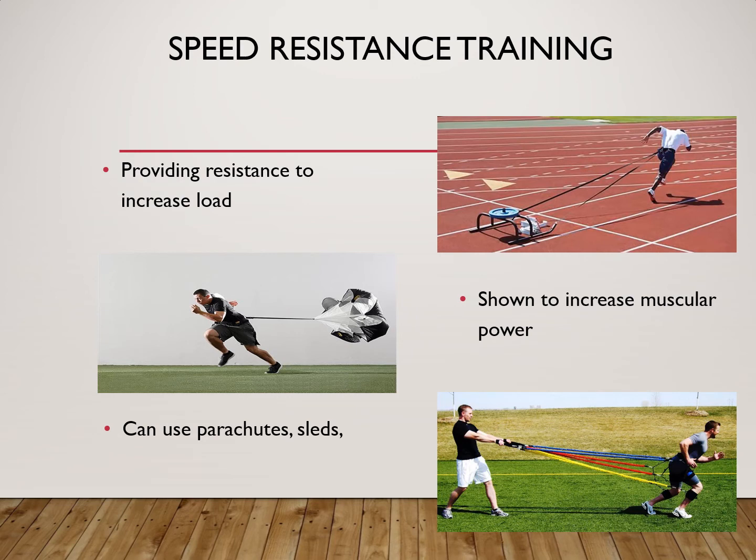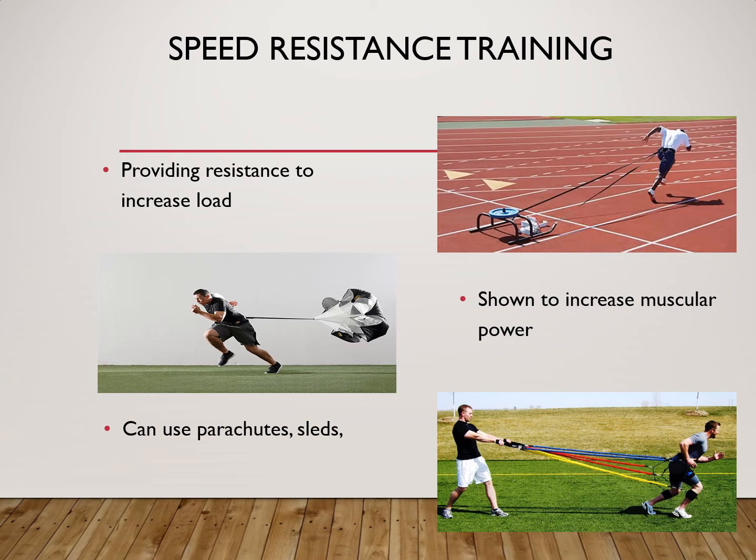And another method that we can use to develop speed is speed resistance training. So actually providing a resistance when someone is running. And you can obviously increase the load that they're dragging, but you can use parachutes, you can use sleds, you can use ropes and bands to provide a resistance for someone to sprint against.